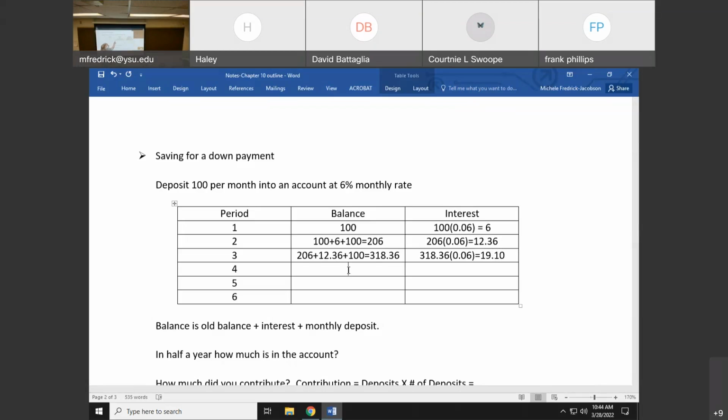So for the balance on the third one, are you getting $318.36, which gives us $19.10 interest?